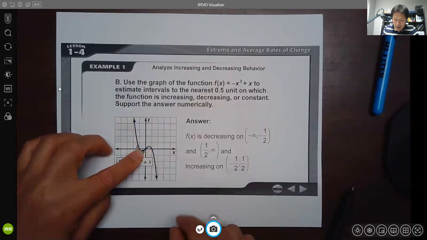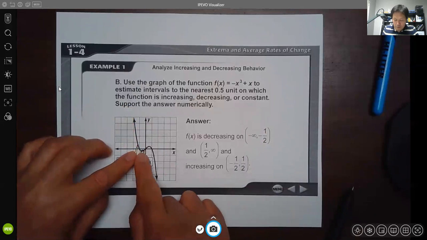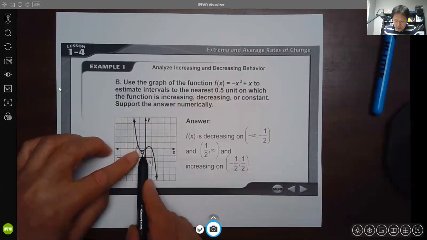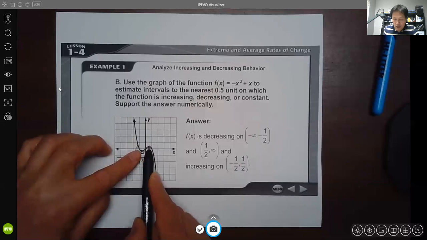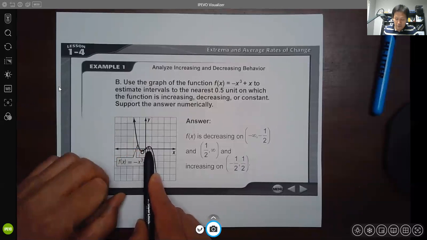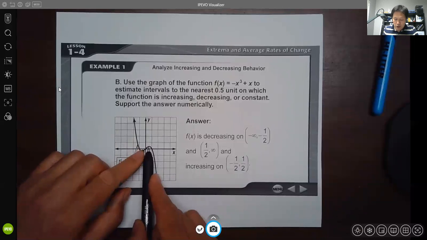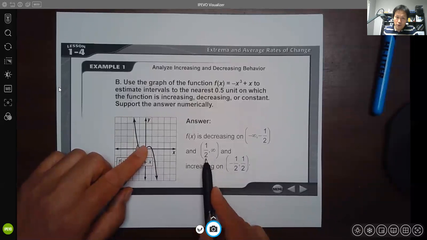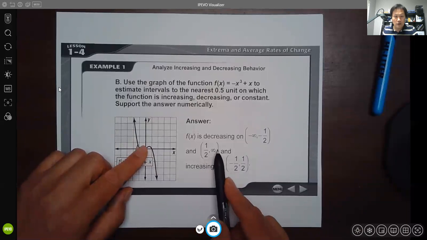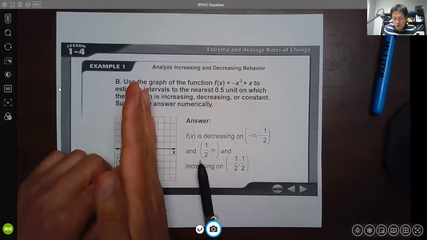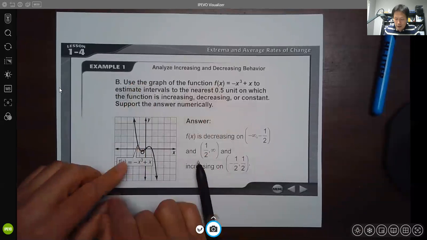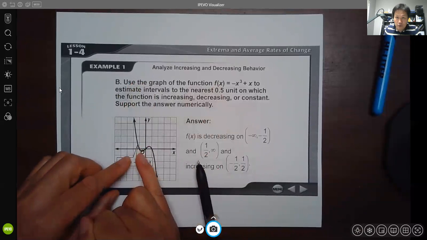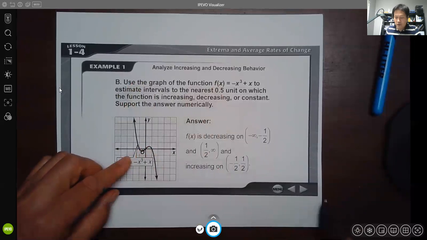And it starts increasing from here to here, and starts decreasing back from here to forever. Here approximately 0.5 x value and keep going to the right. So 0.5, which is 1/2, comma infinity. So here to the right, it keeps decreasing. And we have increasing from x value of minus 0.5 to 0.5, which is minus 1/2 to 1/2.